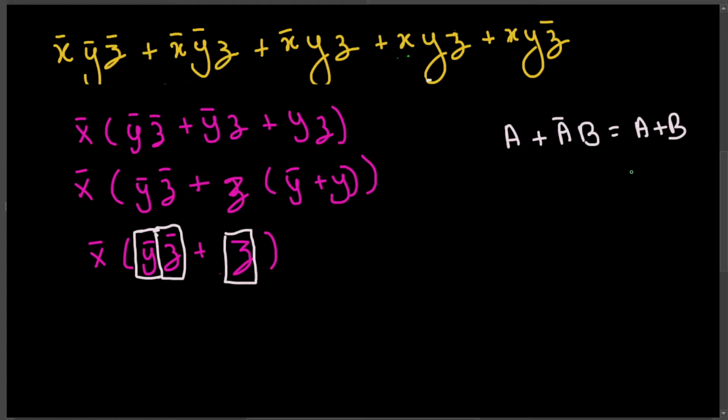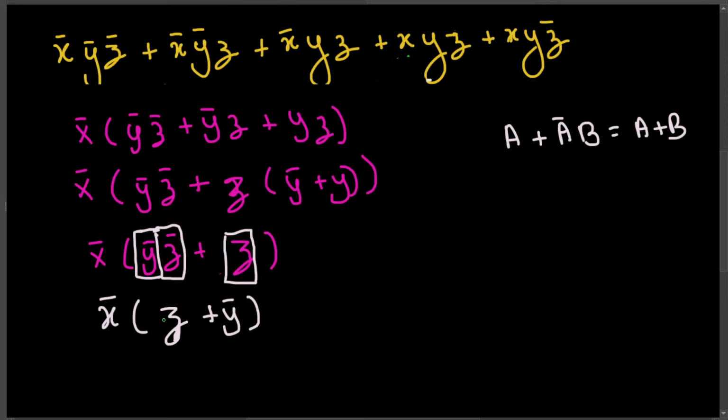So this is going to become what? X prime, and then the result is a plus b. Here a is z, so this is going to be z right here, and then plus b. B is y prime, so that's going to remain the same. Okay, so we have solved this one.